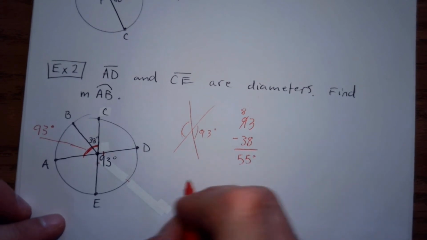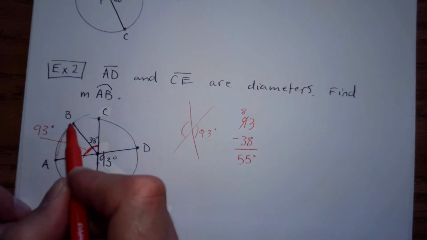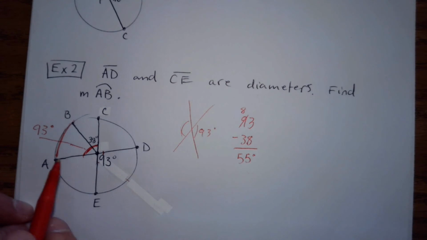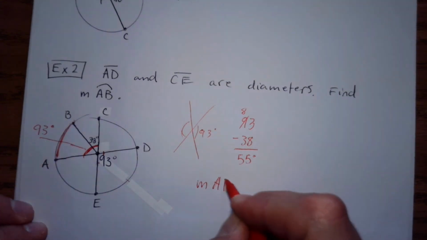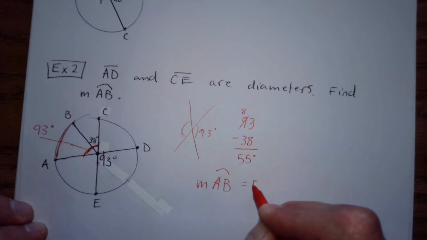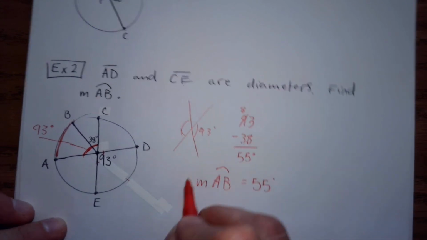There's other ways to do it, but we wanted this, right? So the measure of arc AB equals 55 degrees.